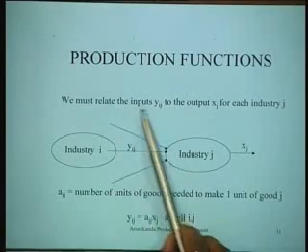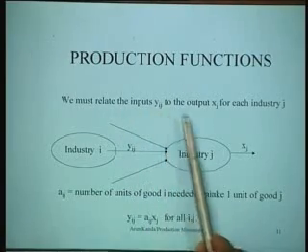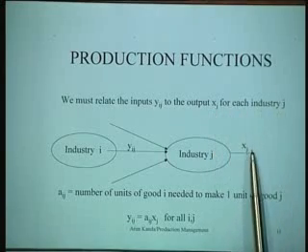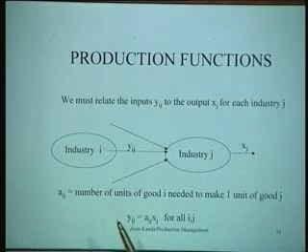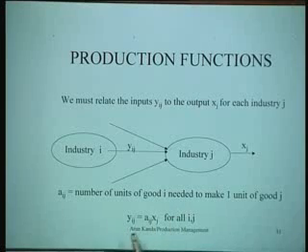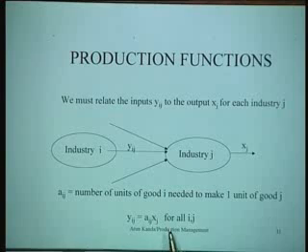We relate the inputs Yij to the output Xj of each industry J. So how do we do it? We simply say that Yij is equal to Aij into Xj for all I, J possibilities.